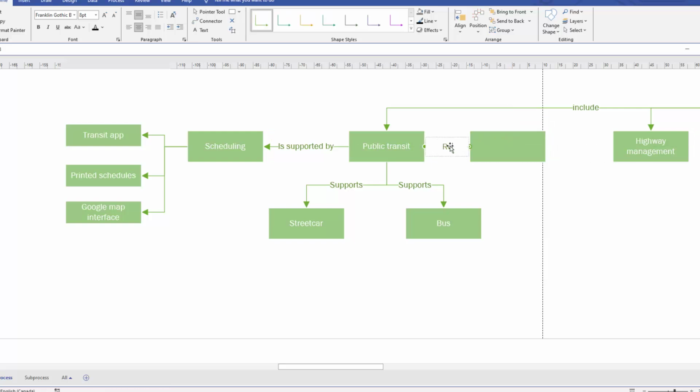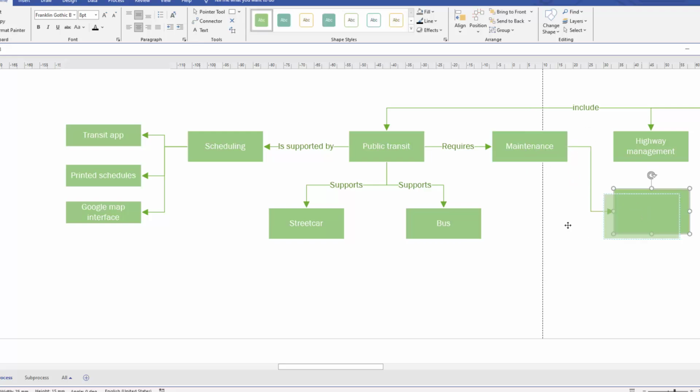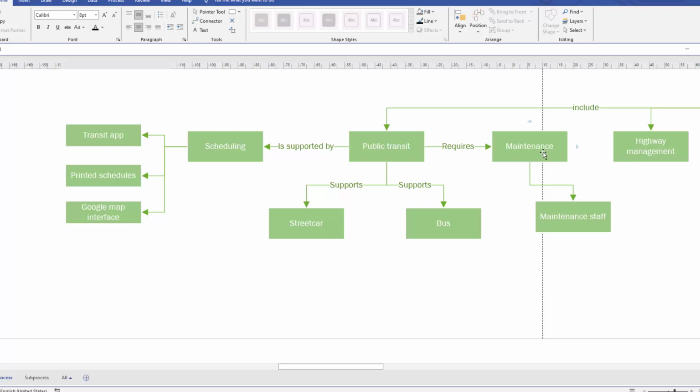So public transit requires maintenance, and this maintenance may be performed by staff or by contractors. So let's just say this involves maintenance staff and this also involves, let's just say, maintenance vendors.